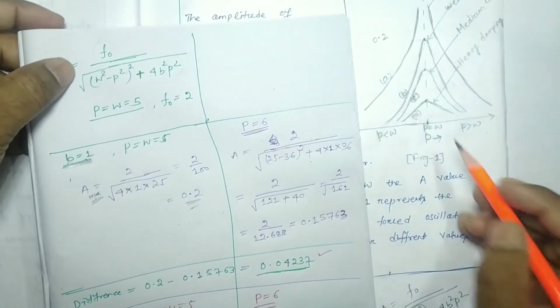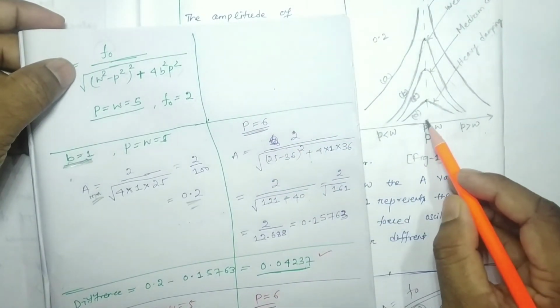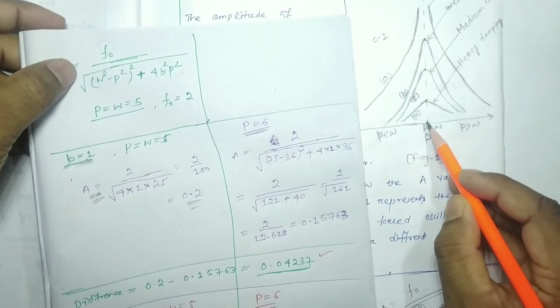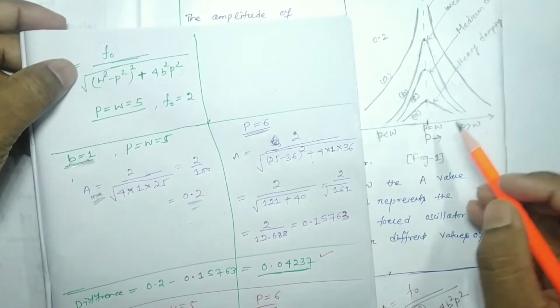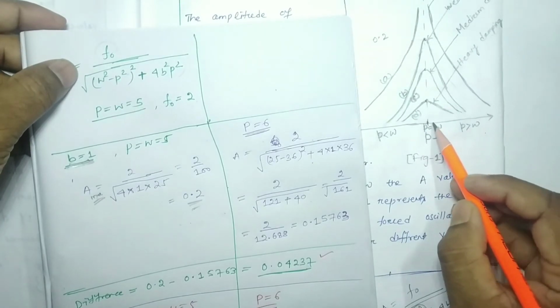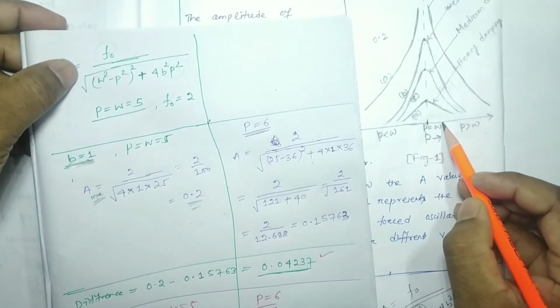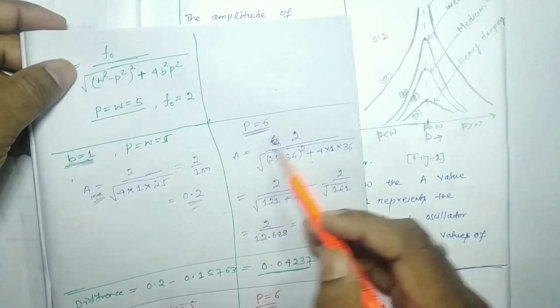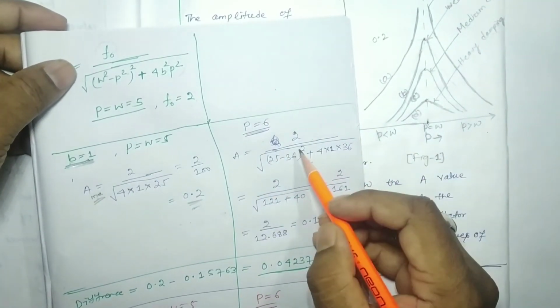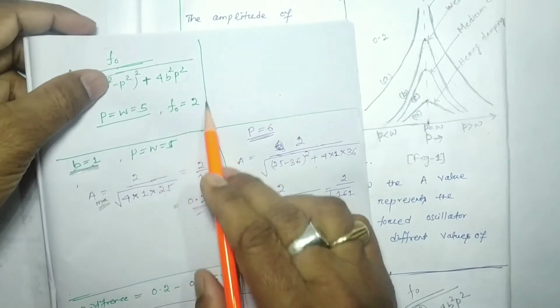So at p equal to 5, that means at resonant frequency, we found the maximum amplitude is 0.2. Now we have to consider p equal to 6, means one point on this side. When p equal to 6, what is the value of A? We just put in the values we considered.